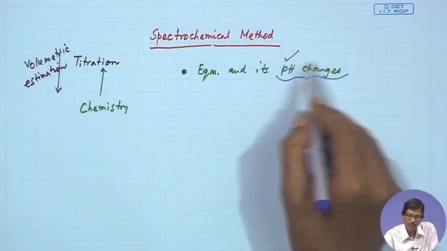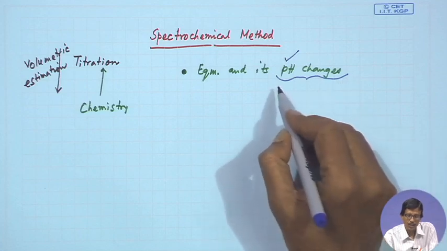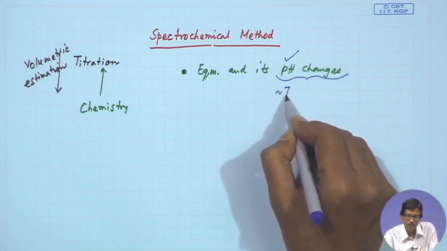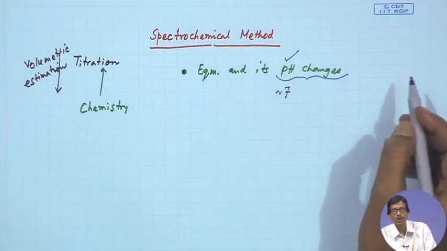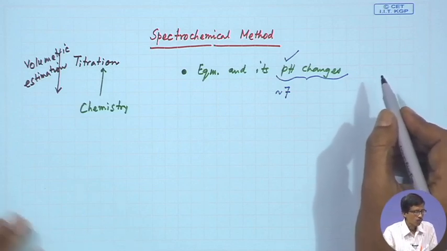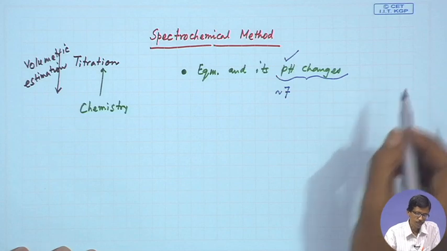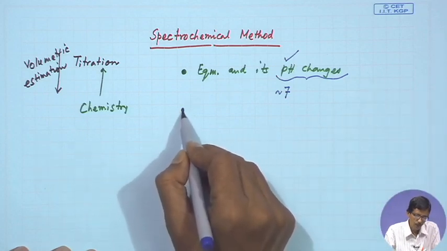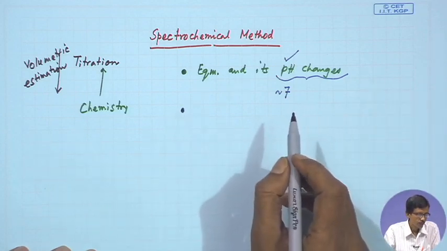If we consider that it is typically neutralized, the pH value should be close to that of our neutral value, as we all know it should be pH 7. So, that means there are several equilibrium processes that will also be there.